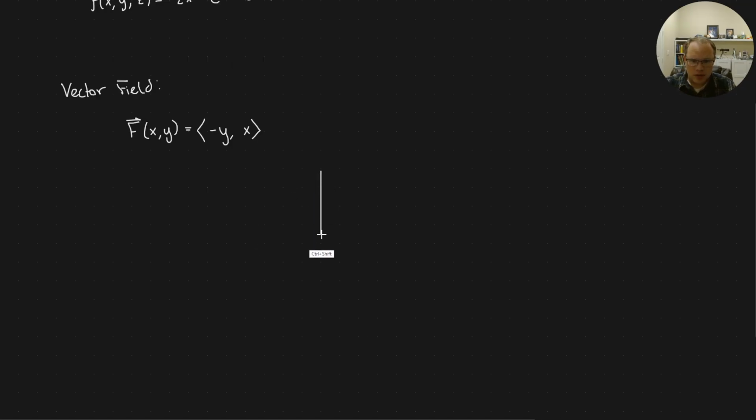So let's sketch out a little example of what this is going to look like. I don't want to get too big here because, as you'll see, this will be quite a bit of work even if we keep this small to sketch this all out.